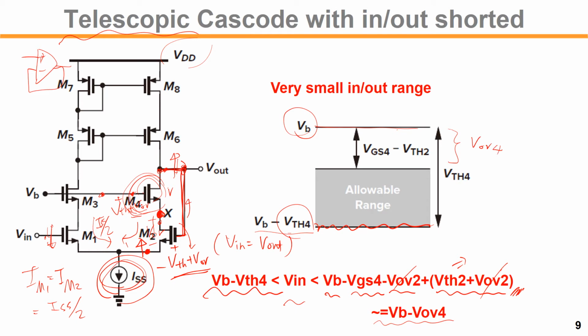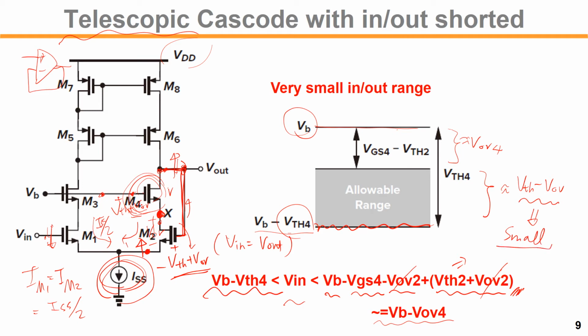Similar to the overdrive of M4, assuming the VTH of all devices is the same, we can find out that the signal range is approximately VTH minus overdrive, right? So this is quite a small signal range.